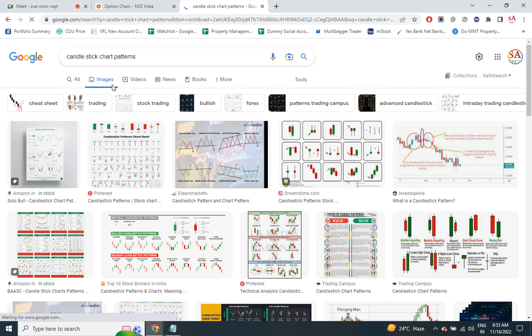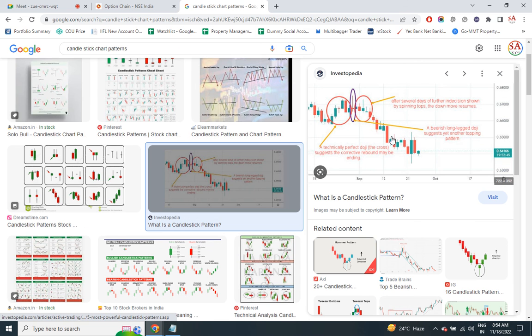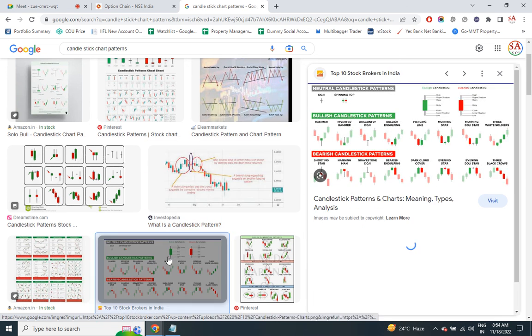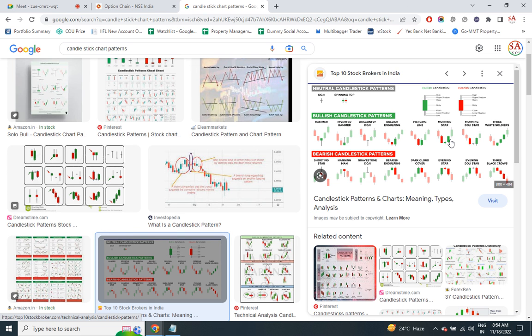There will be green and red candles. What does it signify? What each candle signifies, we'll be discussing in tomorrow's session. But based on these chart patterns and this kind of grouping of candle formations, we will be attempting a trade.